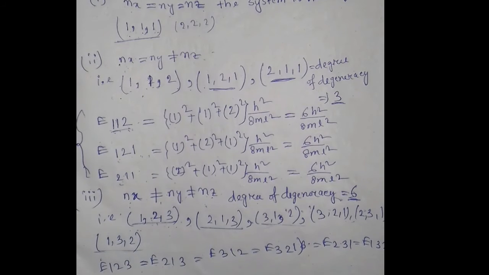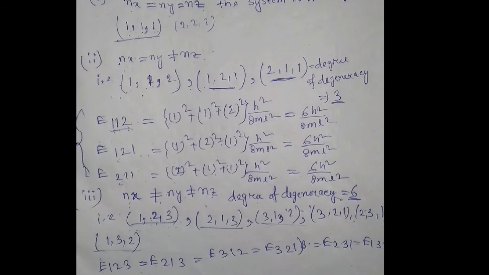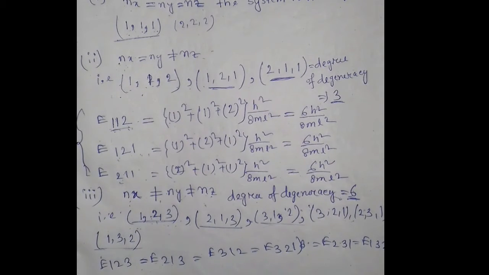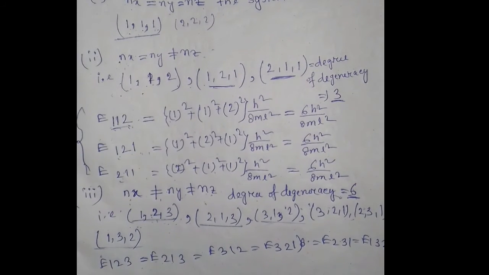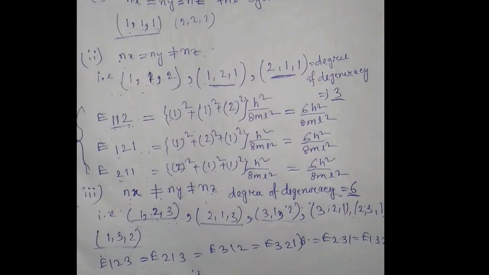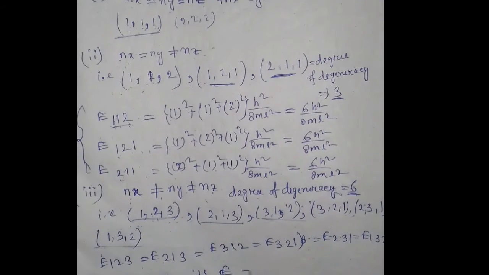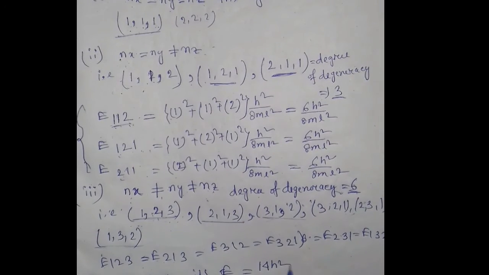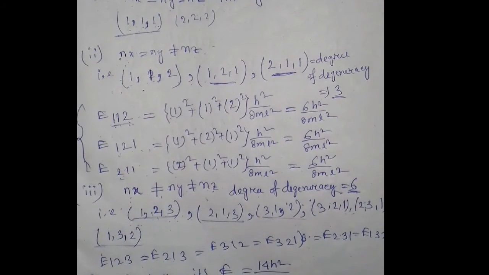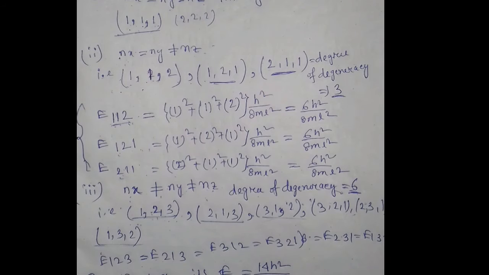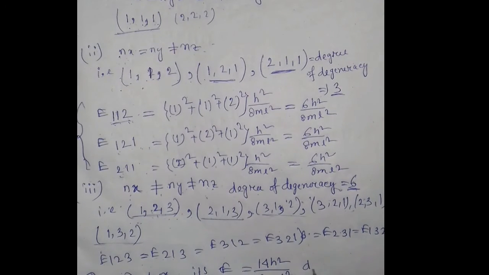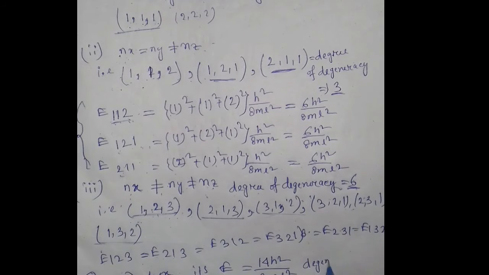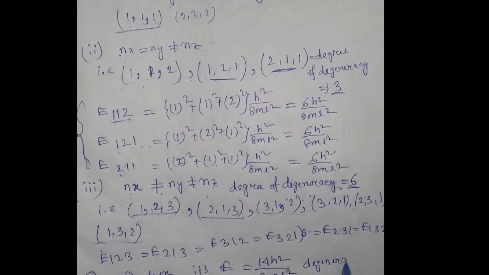Suppose in the examination we are given a 3D box and its energy equals 14h square by 8m L square, and we are asked to calculate the degree of degeneracy.